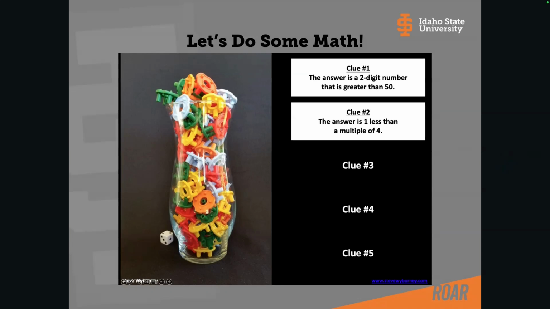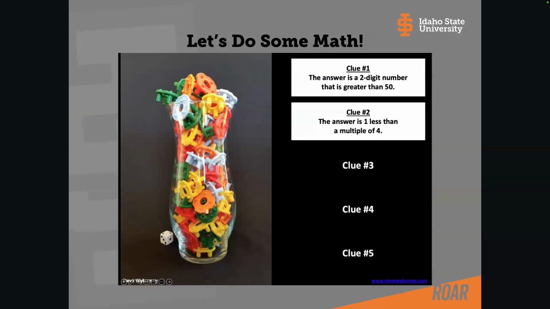The answer is one less than a multiple of four. We'll hold on this one for a minute because you guys are going to need a little bit of time to figure this one out. Looks like maybe some people joined later. So again, we're doing an estimate of the connectors in this jar.